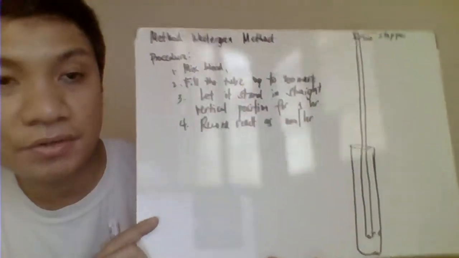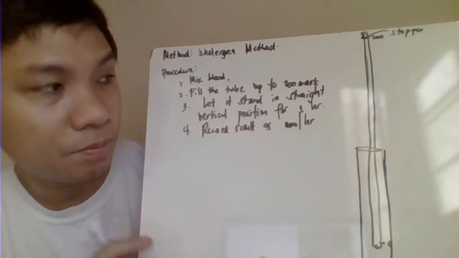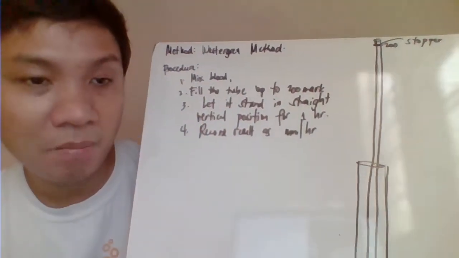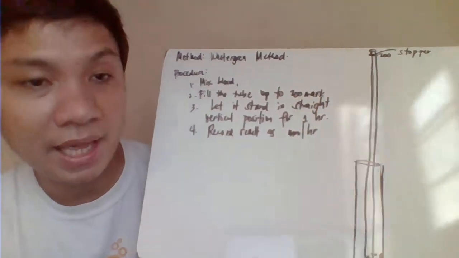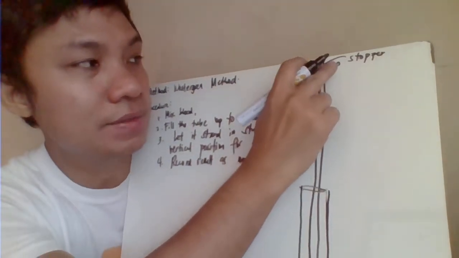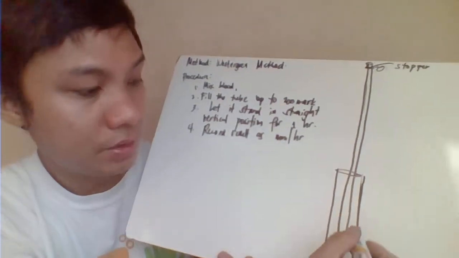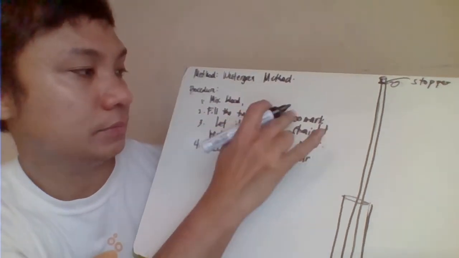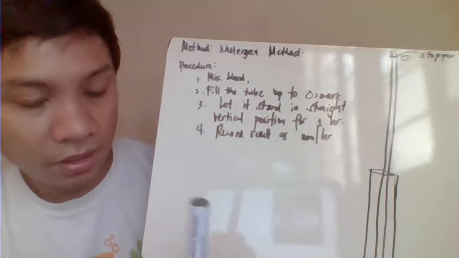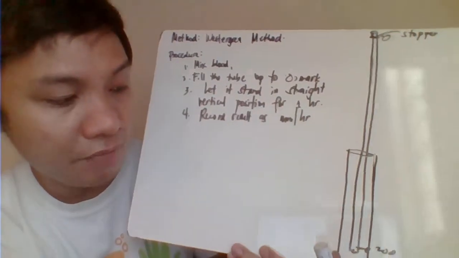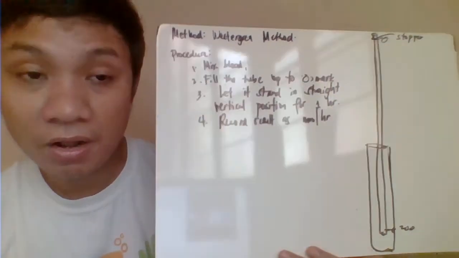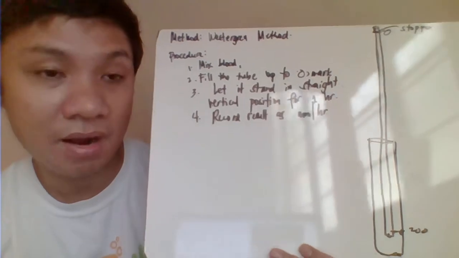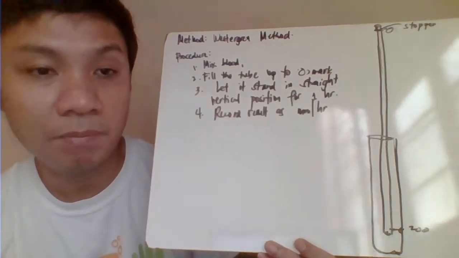Another method you can use is the Westergren tube. The Westergren tube has a longer column, approximately up to the 200 mark. This is your 0 mark, and the 200 is at the bottom. For the procedure, you just need your EDTA collected tube. You can also use the black citrate tube, which is for the ESR, with the 1:4 anticoagulant to blood ratio.